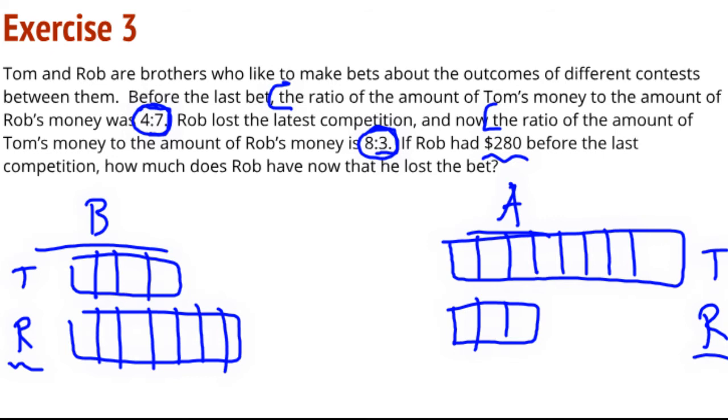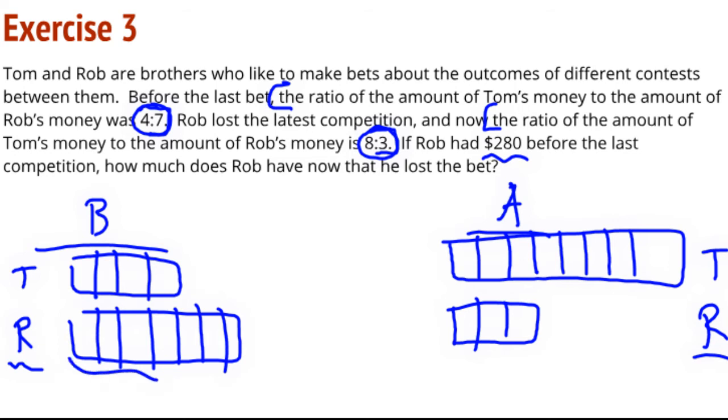It says Rob had $280 before the last competition. So I have to stop and ask myself, where does this $280 fit? I've got 4 different things going on the tape diagram here. And it says Rob had $280 before the last competition.